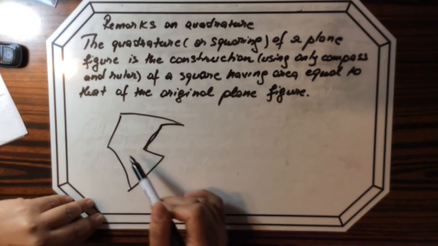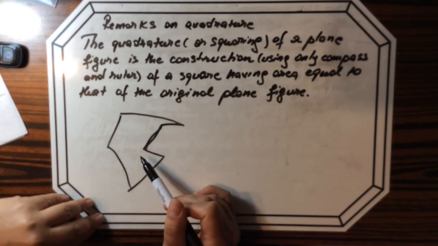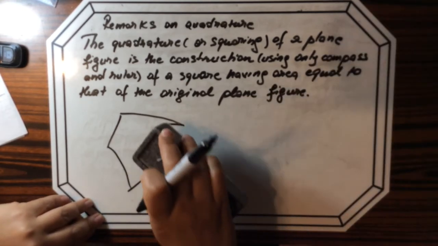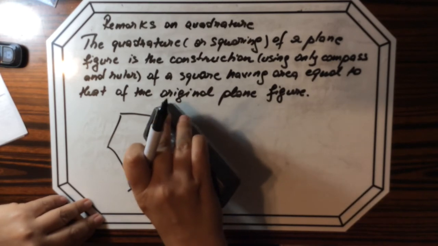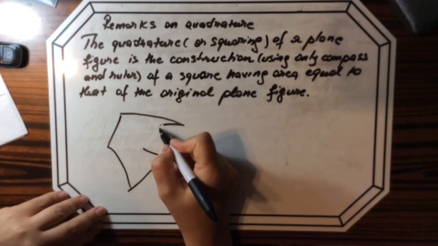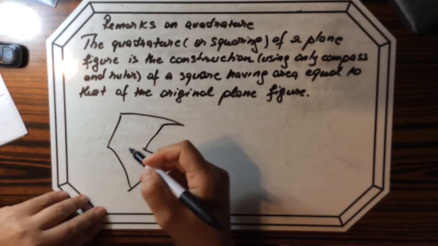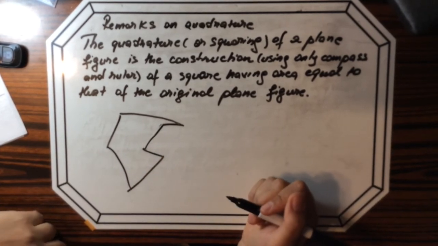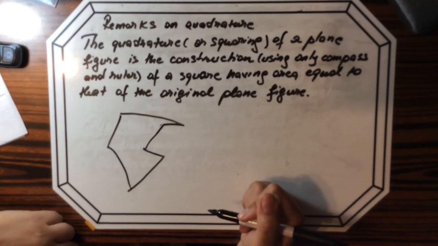Whereas just finding the area of this plane figure on its own, without using some other, much simpler figure, is rather hard, or at least for early Greeks, it was impossible.